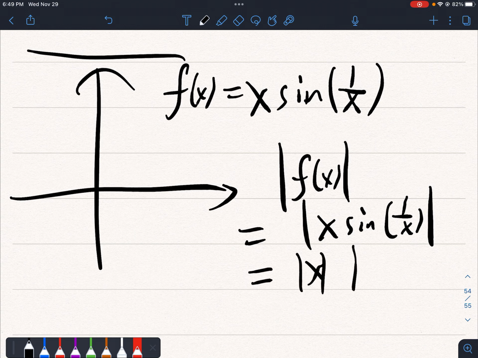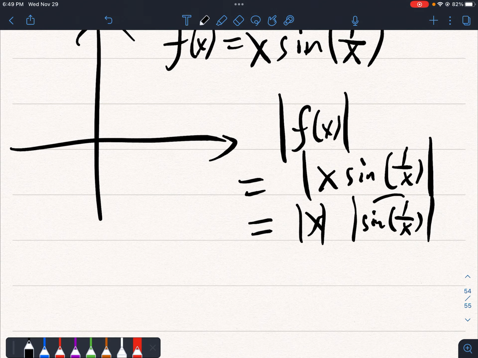which is the absolute value of x times sine of 1 over x, then this is equal to the absolute value of x times the absolute value of sine of 1 over x. And we know that the absolute value is bounded. It is at most 1, right? Because sine of 1 over x is bigger than minus 1 and less than 1.